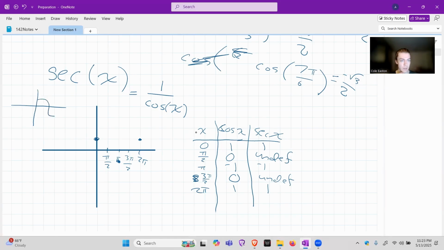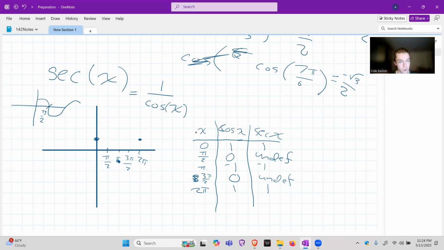Cosine looks like this, right? This is pi over 2. So as we approach pi over 2, we have a positive number that's getting really small, and 1 divided by a small positive number is getting really big.